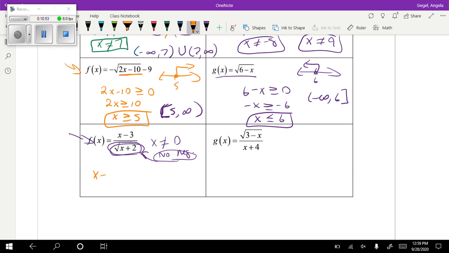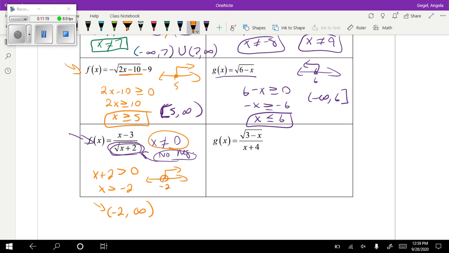And I'm going to say x plus 2, but instead of saying greater than or equal to 0, it can't equal 0. So I'm just going to say greater than 0. So x is greater than -2. So we have -2, open circle, going here. So notice that this is going to be parentheses. That's really the only thing it changes when you have both of those.